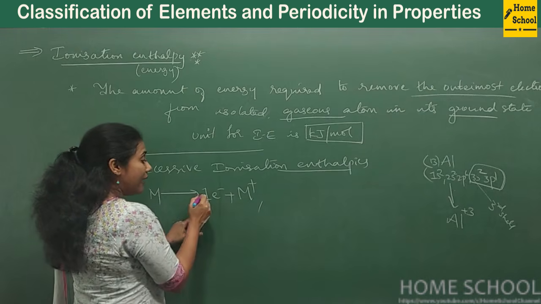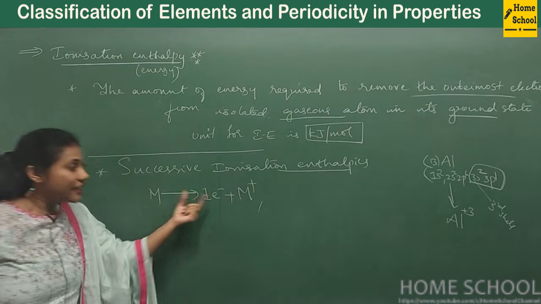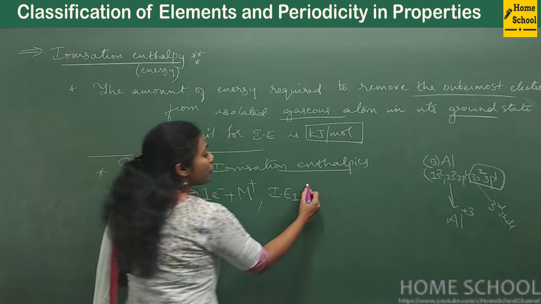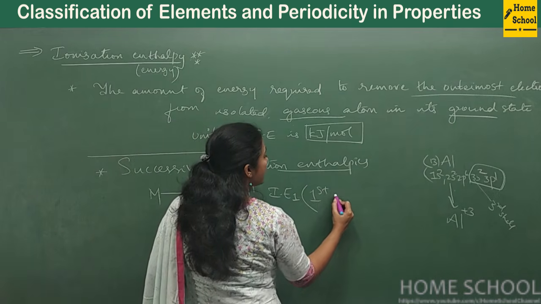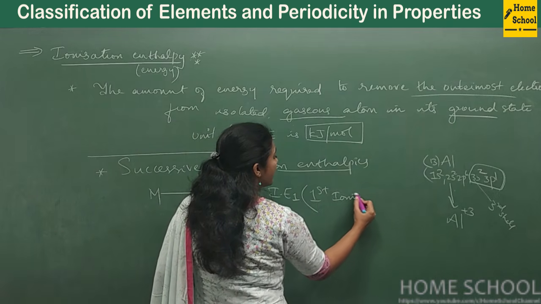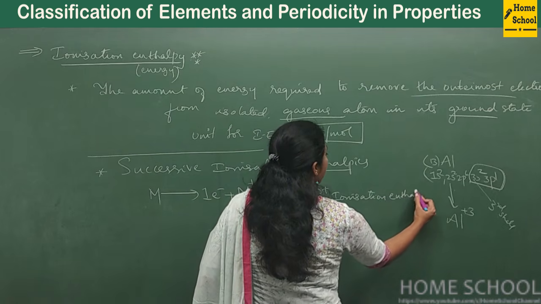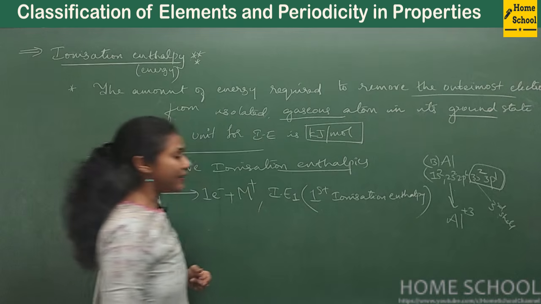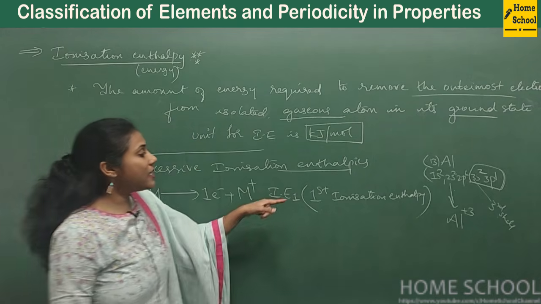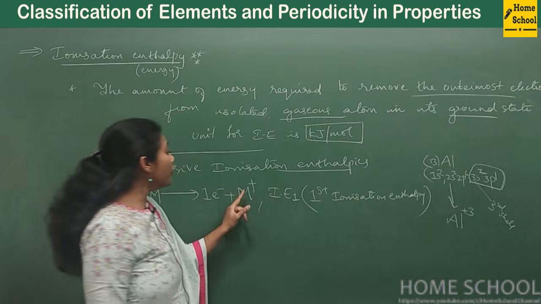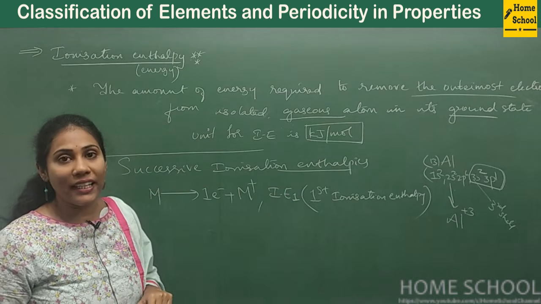Here the energy required for this step, let it be IE1. We call this the first ionization enthalpy. So what is first ionization enthalpy? Energy required to remove the first outermost electron.